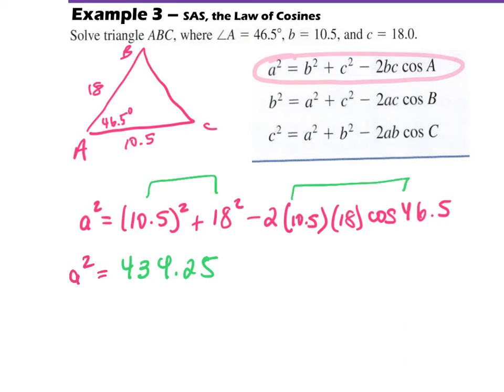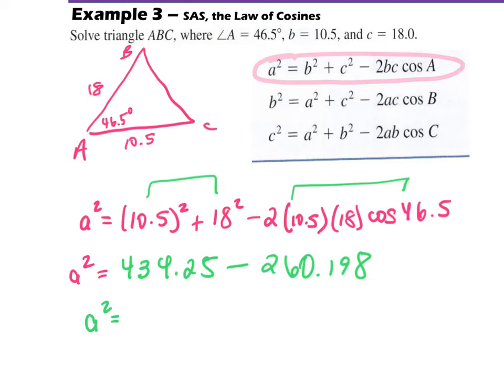Then for this piece, I'm going to leave my negative, and I'm just going to say 2 times 10.5 times 18 times the cosine of 46.5. Remember, we are in degrees. So I got 260.198, something like that.